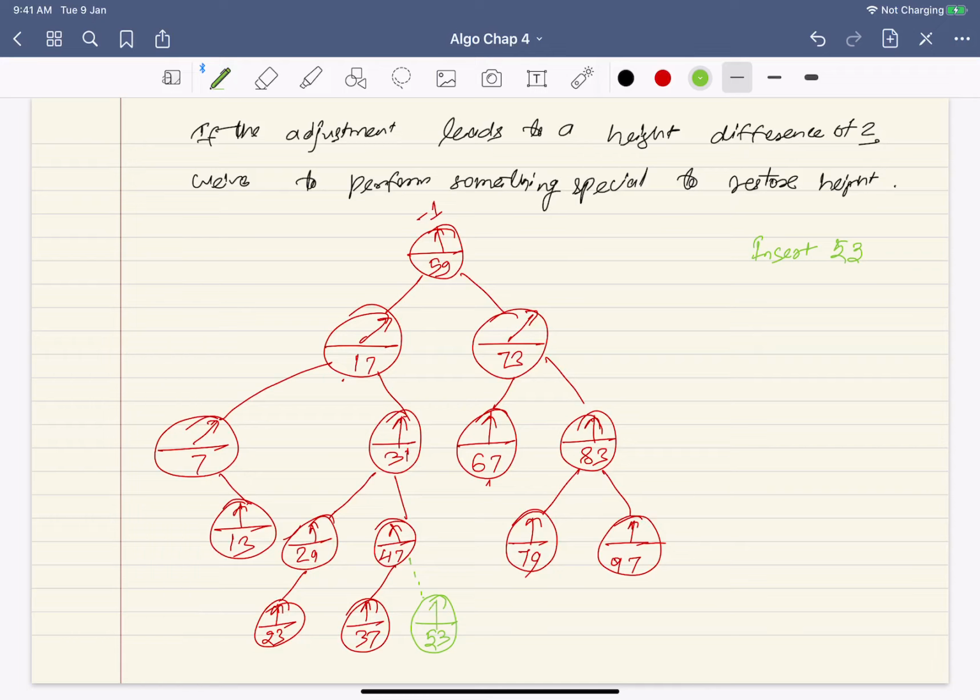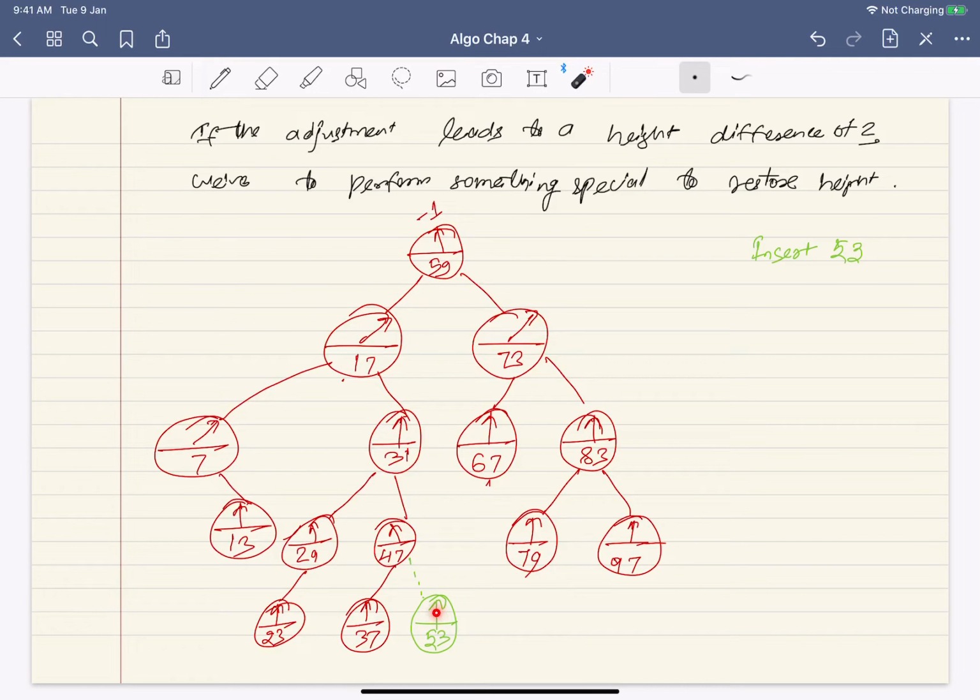New node, its balance factor is 0. Yes, and this is what you do in a binary search tree, right? Create a node with balance factor 0. But then what is the special thing you have to do in the case of AVL trees? You have to go up the path, follow the pointers up to the root, and see if the balance factor has to change. Okay, and as we will see, you may not have to traverse up to the root. You may actually stop in between if you find some property.